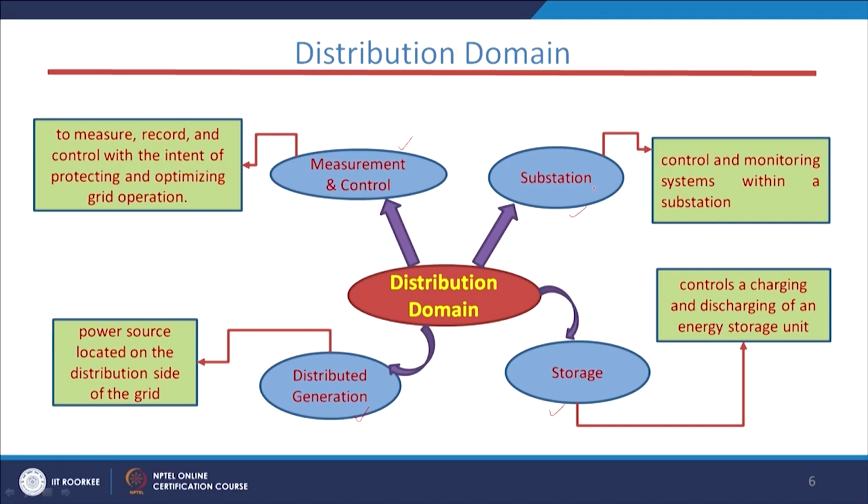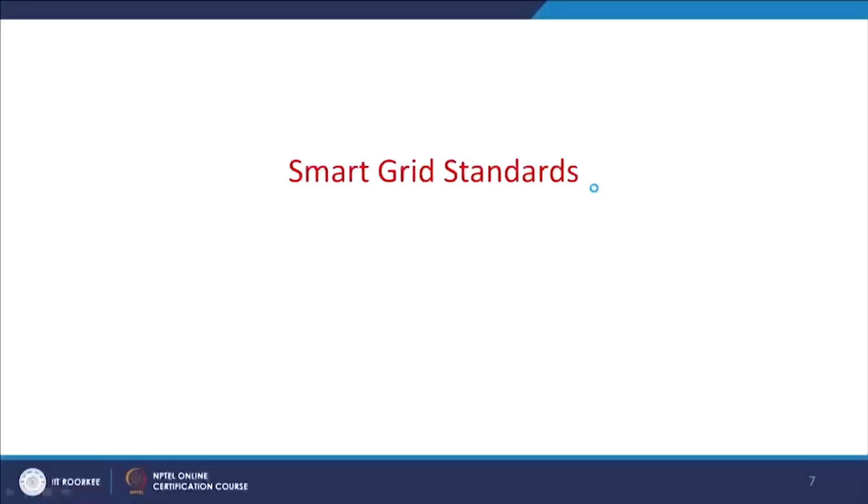So, if you rewind and remember the previous lecture and the few discussions on transmission and distribution domain, you could see that as far as the architecture of the smart grid is concerned, all the domains are interlinked with each other for smooth, reliable, accurate and fast operation of the smart grid system.